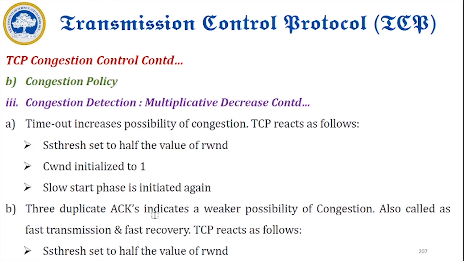So in this case, the TCP will have a much weaker reaction. It will set the congestion window to the value of the threshold so that it can start the congestion avoidance phase. So this is how congestion detection is done with the help of TCP.